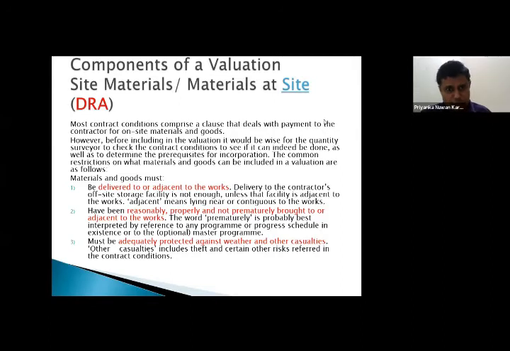Most contract conditions comprise a clause that deals with the payment to the contractor for on-site materials and goods, right? Now, when you're talking about materials on site or material at site, you need to understand one thing. First and foremost, it has to be delivered to or adjacent to the works, right?